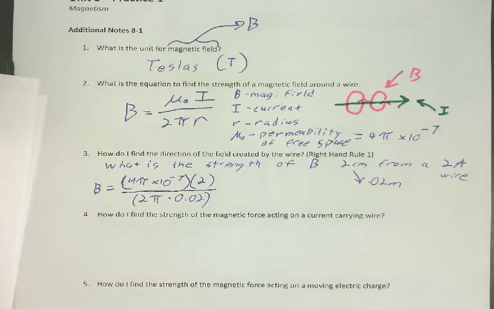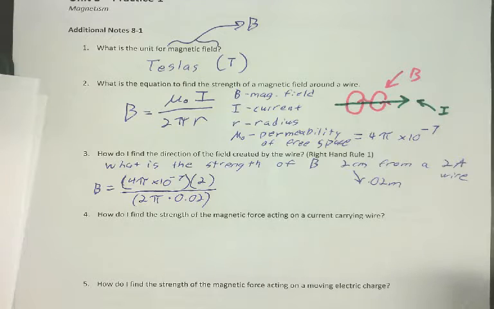So when I solve this, 4 times pi. What was the unit for mu?